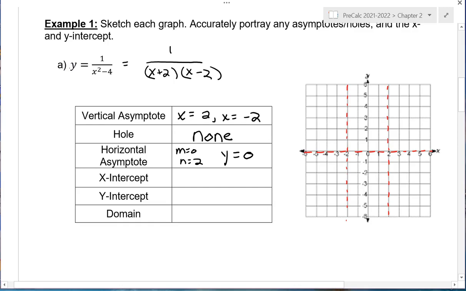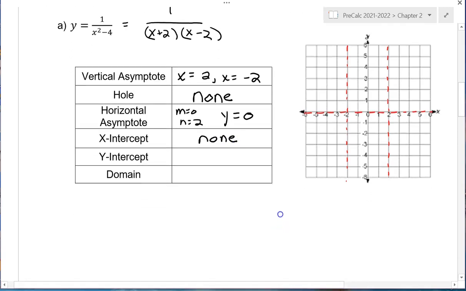X-intercept. To find the x-intercept, you set the numerator equal to 0, but our numerator is 1. So we have no x-intercept. Y-intercept, set your x equal to 0. Okay, so for the y-intercept, I'm going to do 1 over 0 squared minus 4.